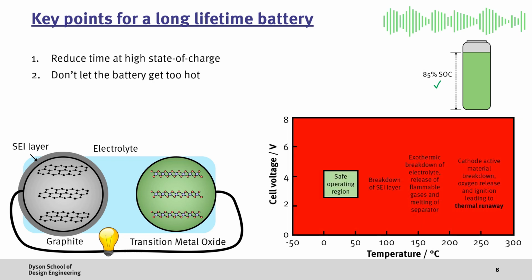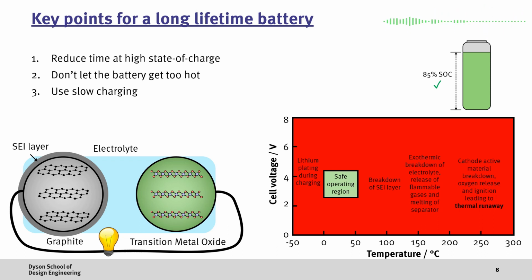Next, don't allow the battery to get too hot, with temperatures above about 70 degrees leading to thermal runaway and fire, but warm temperatures below this also accelerate the growth of the SEI layer and capacity fade. Fast charging can cause the formation of lithium dendrites, which can short-circuit your battery and also cause capacity fade, so where possible use slow charging.